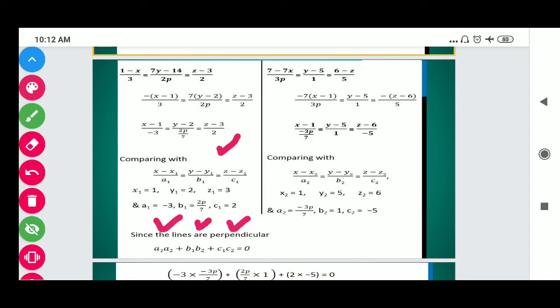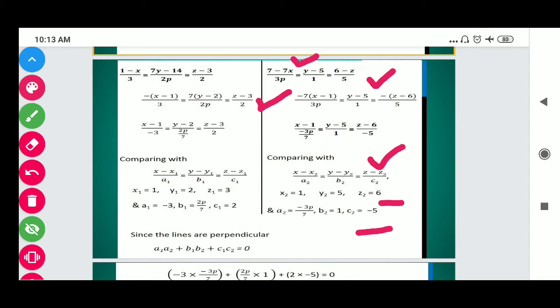By the same process, we convert (7 minus 7x) over 3p, (y minus 5) over 1 is equal to (6 minus z) over 5. On comparing this with the Cartesian equation, again we calculate x2 y2 z2 and a2 b2 c2. Here the coefficient of x is minus 7.